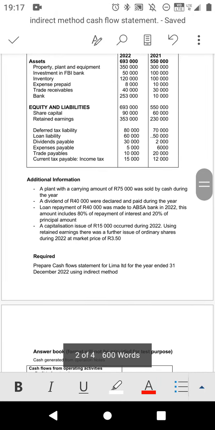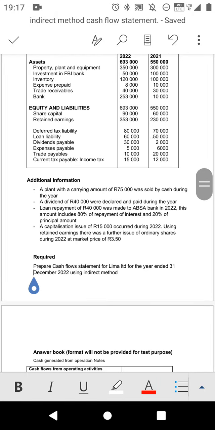On information number 1, they said a plant with a carrying amount of 75,000 was sold for cash during the year. So they didn't say this plant was sold for 75,000. They said the plant with a carrying amount of 75,000.